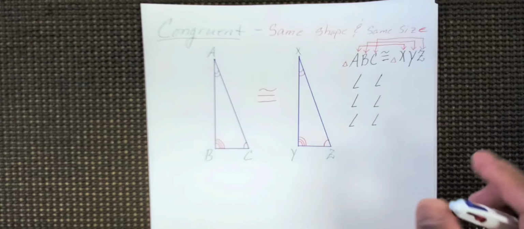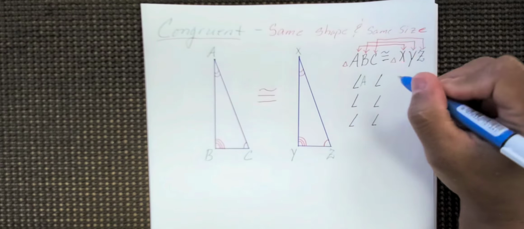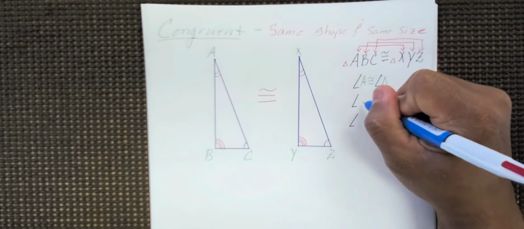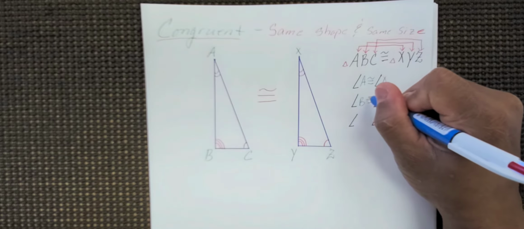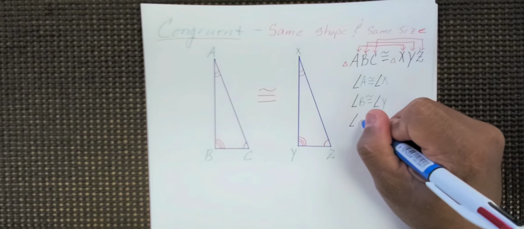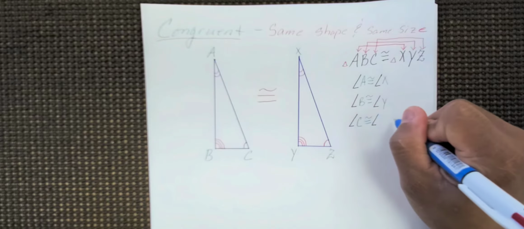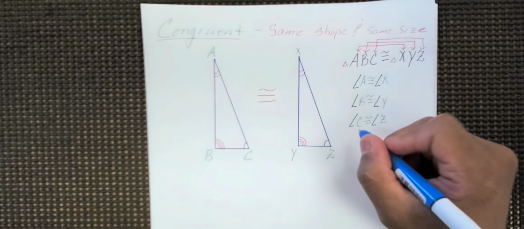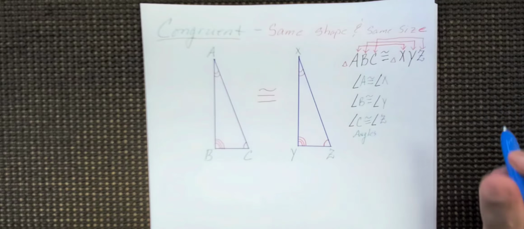So what I'm going to say here is angle A is congruent to angle X. Angle B is congruent to angle Y. And angle C is congruent to angle Z. This is how you will show that the angles are congruent.